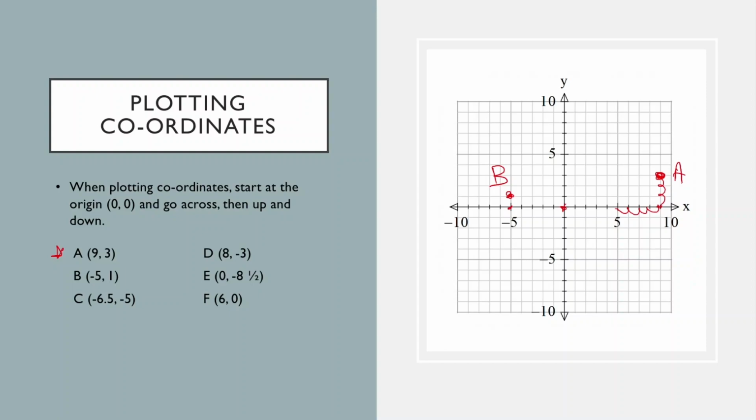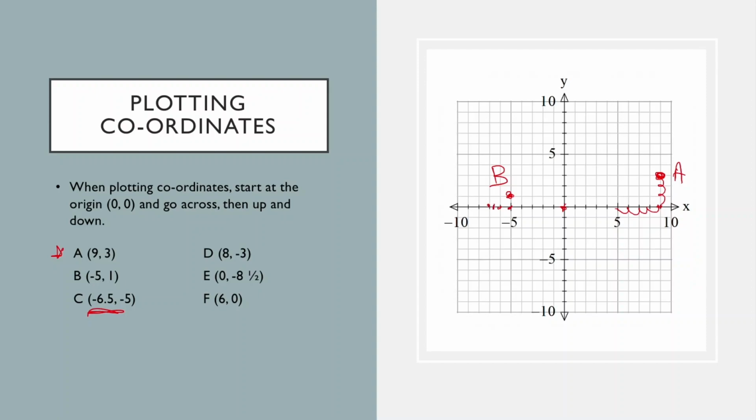Now C is a bit different. It's got negative 6.5. What that means is 6.5 is between 6 and 7. It's negative, so we're going to go towards the left. Here's negative 6. Here's negative 7. 6.5 is halfway, so here's 6.5.